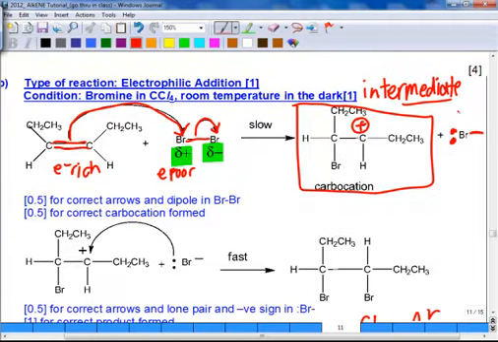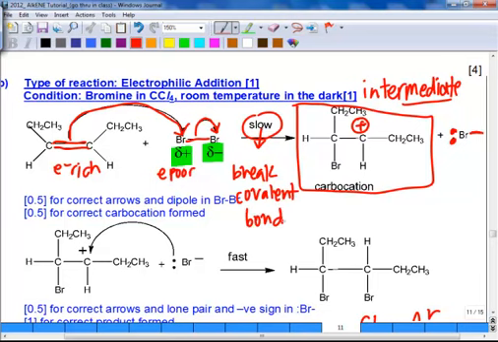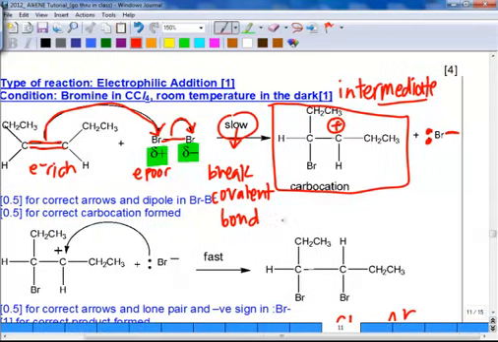So for the intermediate, we always form it in the slow step. Why is it slow? Very good, because you break a covalent bond. Breaking a covalent bond is slow. So take note, your intermediate must always be used up. And you notice this part, the Br is this Br. Then the intermediate is the same.